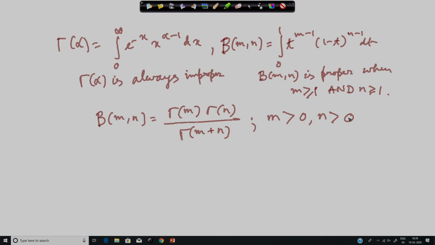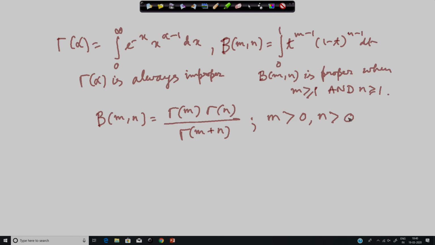Similarly, for the gamma function, the argument must be greater than 0. So, all arguments involved, whether in the beta function or in the gamma function, must be strictly greater than 0. And it is defined for 0.1, yes, it is defined for 0.1.